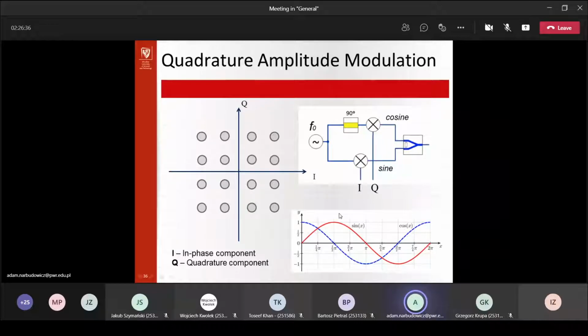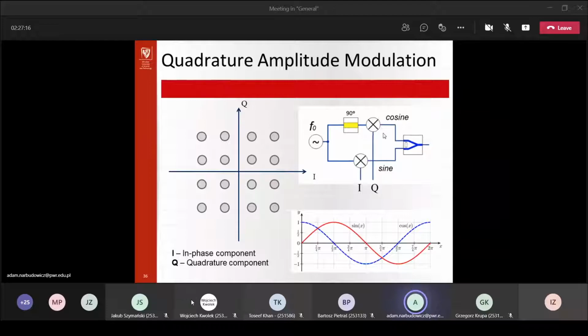The IQ modulator is quite powerful because it allows you to do any modulation which does not really require a frequency shift. Frequency modulations need some more complicated hardware. However, this would cover any amplitude modulation, any phase modulation, any QAM modulation. It's basically the same architecture, just of course you will fine-tune the precision. And this cross that you can see here, well, it's actually not a light bulb.